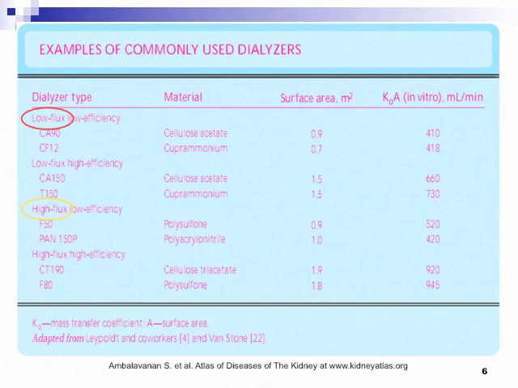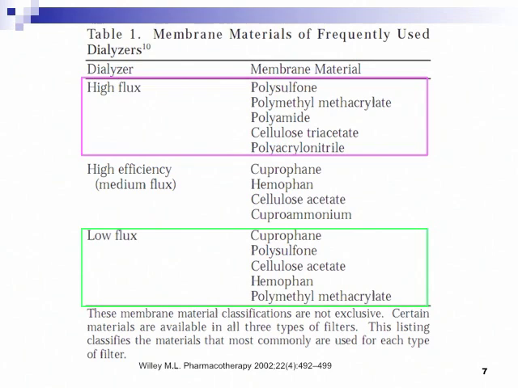Some people say that you can look into the material of the membrane to tell whether it's low flux or high flux, but not quite. This slide shows the high flux filters and what kind of membrane material has been used. You see that some of them use the same material.